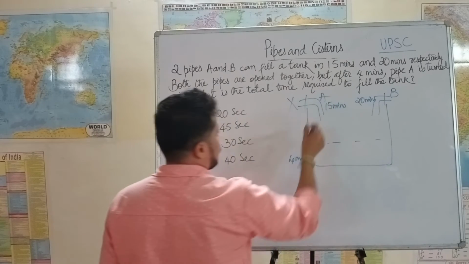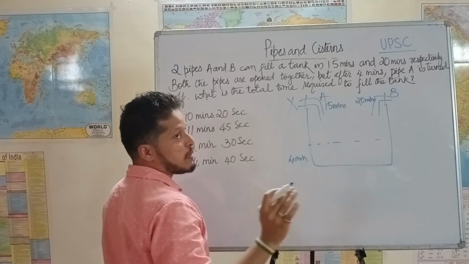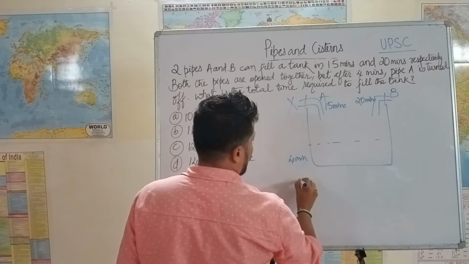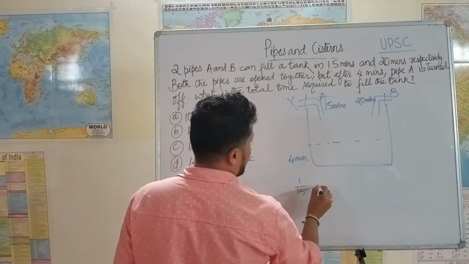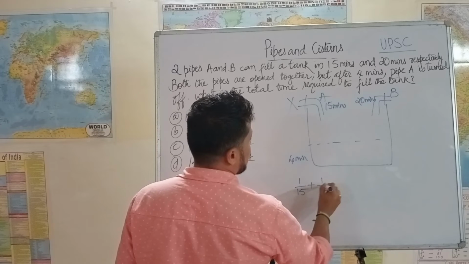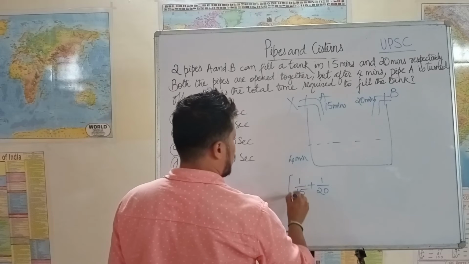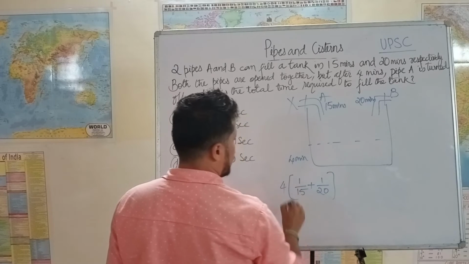Okay, now let's do this. For the first 4 minutes both were on, right? Let's see what part of the tank is filled. Efficiency of A is 1 by 15 plus efficiency of B is 1 by 20, and they were on for 4 minutes, right?